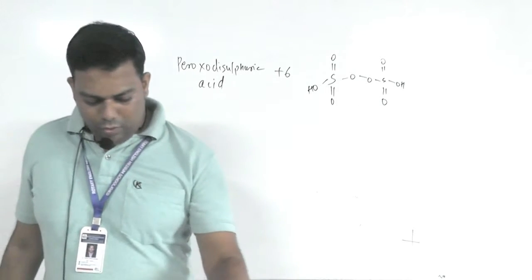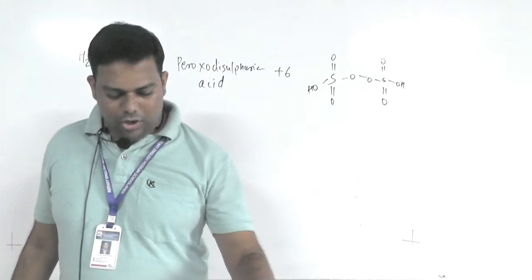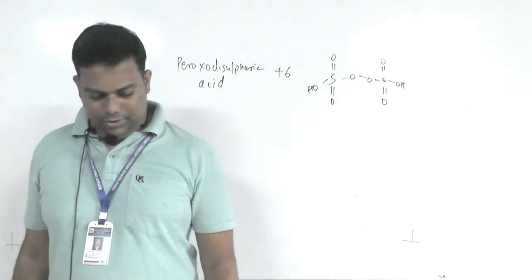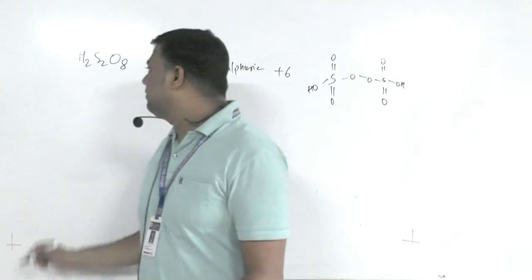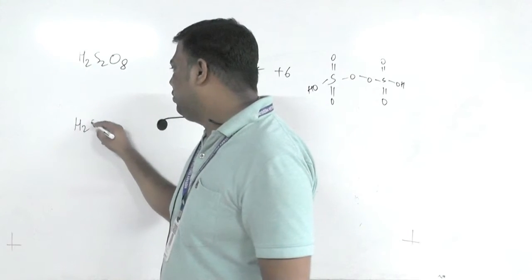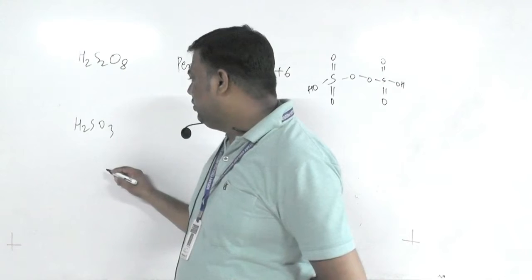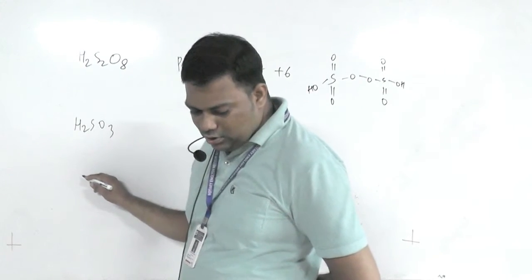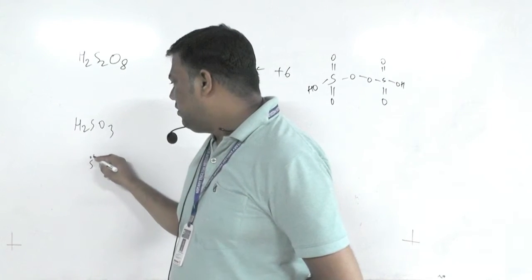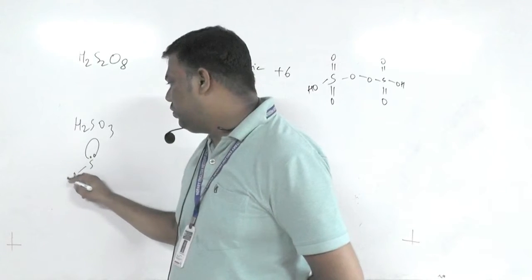Now we will draw another one also, suppose H2SO3. We will draw the structure of H2SO3 here. Pay attention. Lone pair on this also.